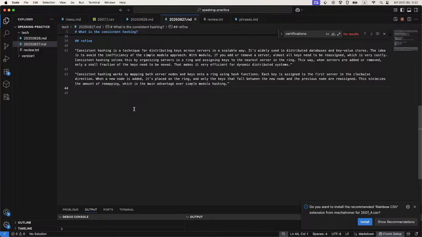For example, the size of a key value pair is small, less than 10 kilobytes.